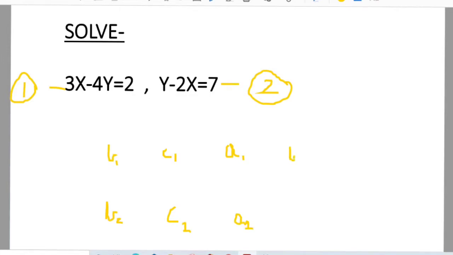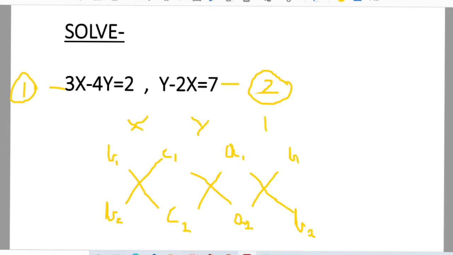Then again we have to write B1 and B2. Now what we need to do is cross multiply, this and this. So this is for X, this is for Y, and this one is for 1.